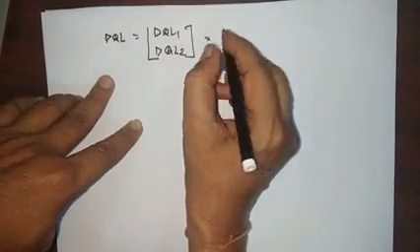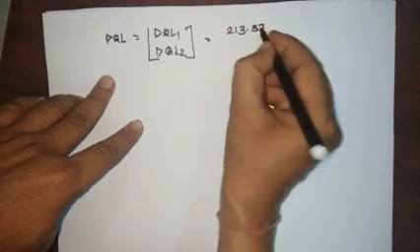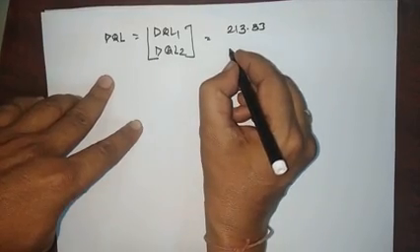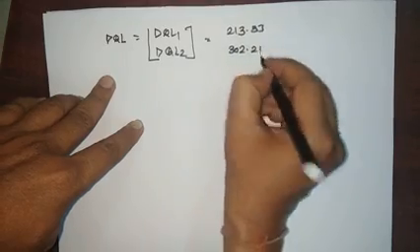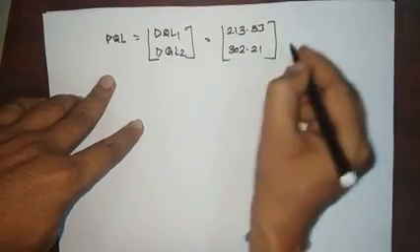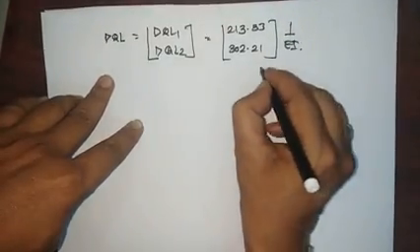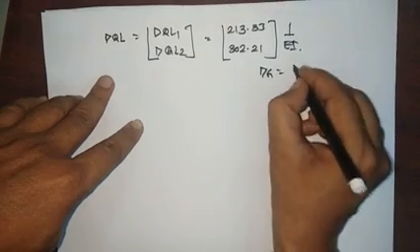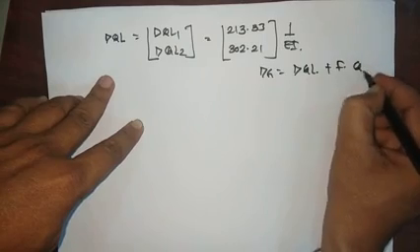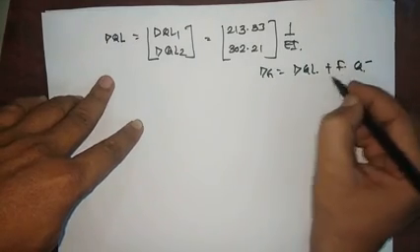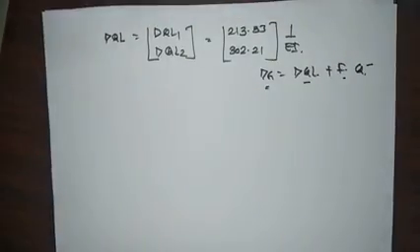So DQL1 is 213.33 and DQL2 is 302.21 upon EI. So the formula is DQ is equal to DQL plus F into Q. So we have the Q matrix, F matrix, DQL matrix. Now important is the DQ matrix.